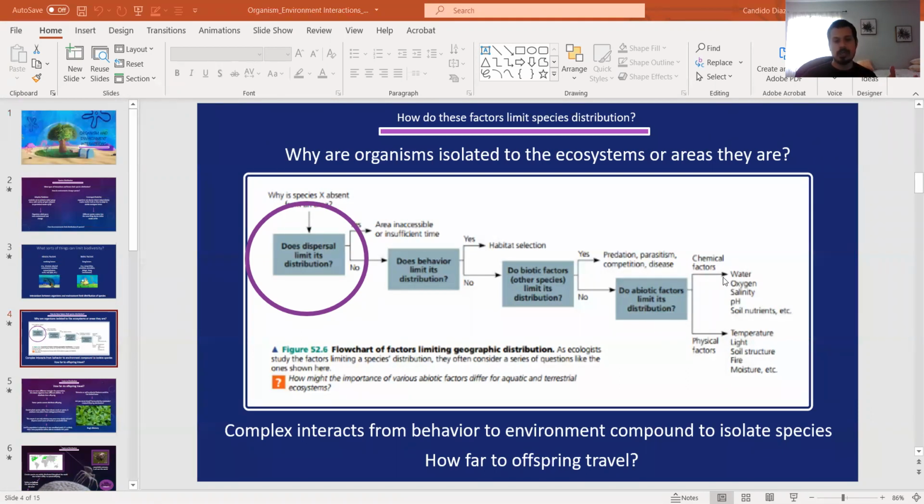But in an environment, we also have all of these biotic interactions, right? So predation, plant mutualism. If you have plants that need certain bacteria in order to produce nitrogen in order to survive, those plants can only live in areas that have those available nutrients.